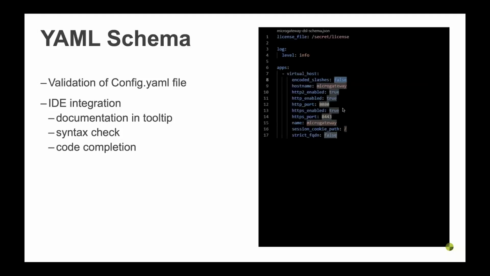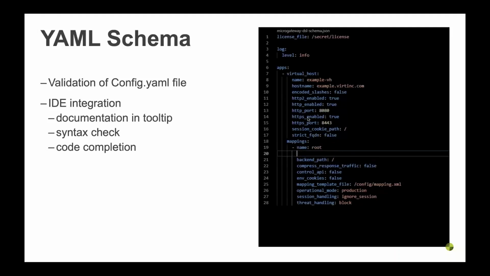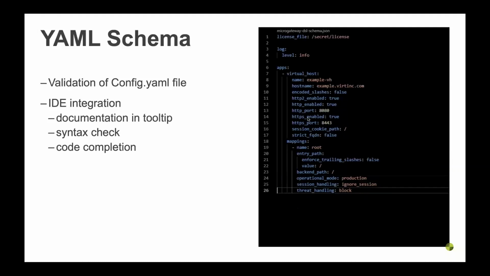Or it will automatically check the syntax. If you have a typo in a keyword, it will highlight that and say, that's not a valid keyword, please change that. Or if you hover over a keyword, it will show you the documentation for this feature. So it really facilitates developing these configuration files a lot.